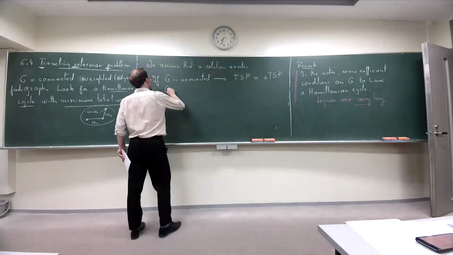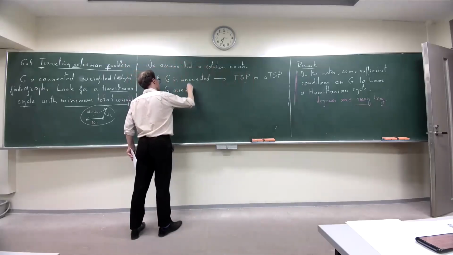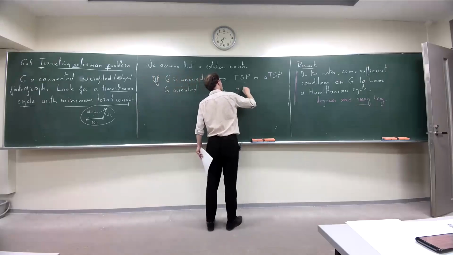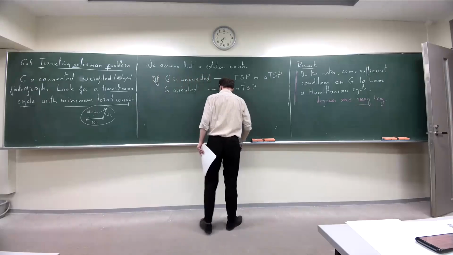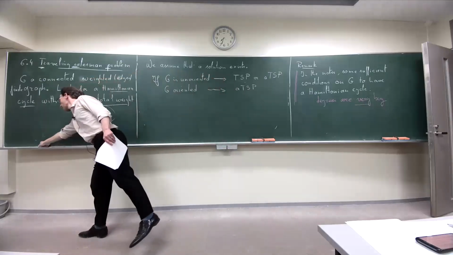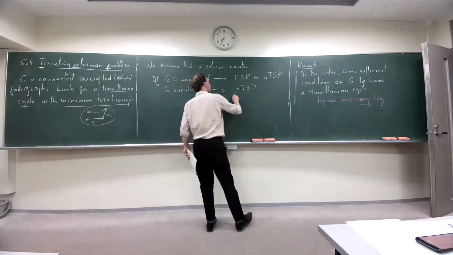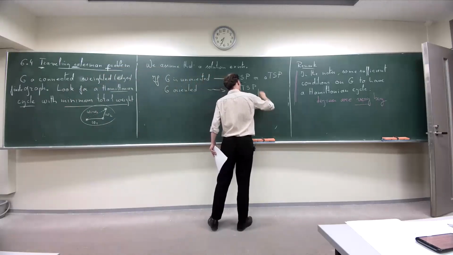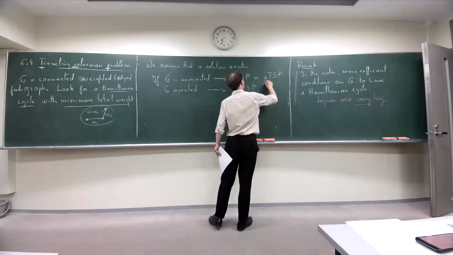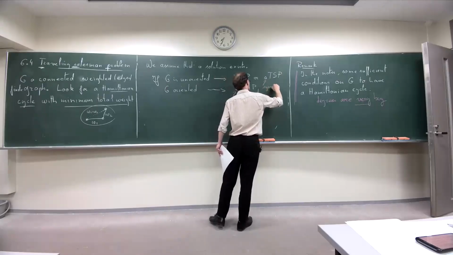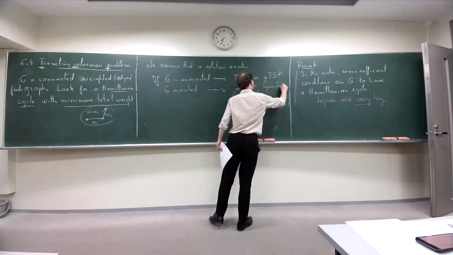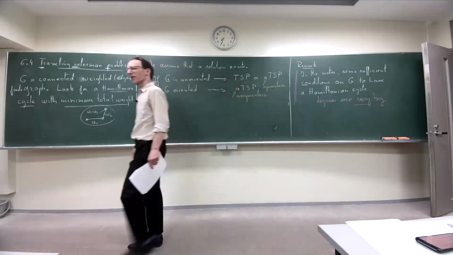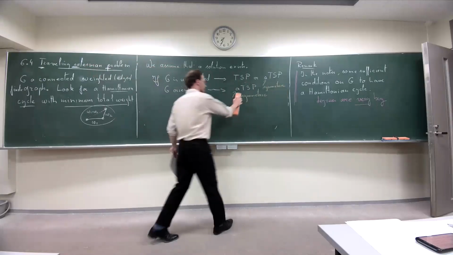And if G is oriented, people call this ATSP for asymmetric. Asymmetric. And this one is symmetric. Is there one or two S in asymmetric? Asymmetric, one.